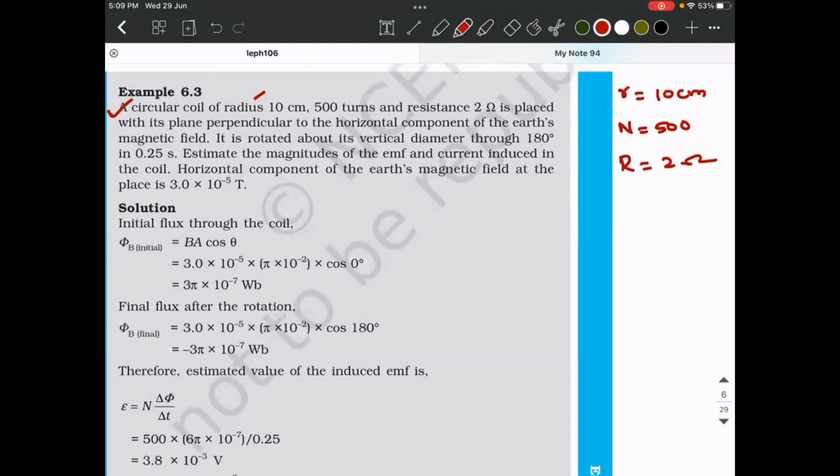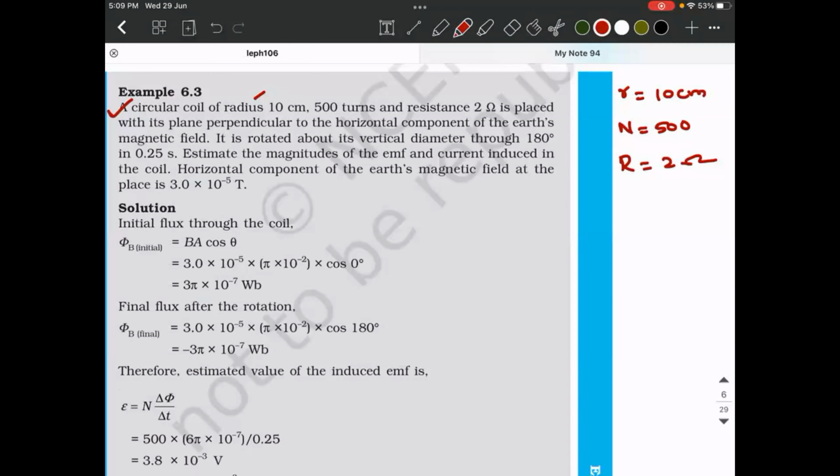What does that mean? So there is Earth's magnetic field present here, and the plane of the coil is placed perpendicular to the Earth's magnetic field, right?